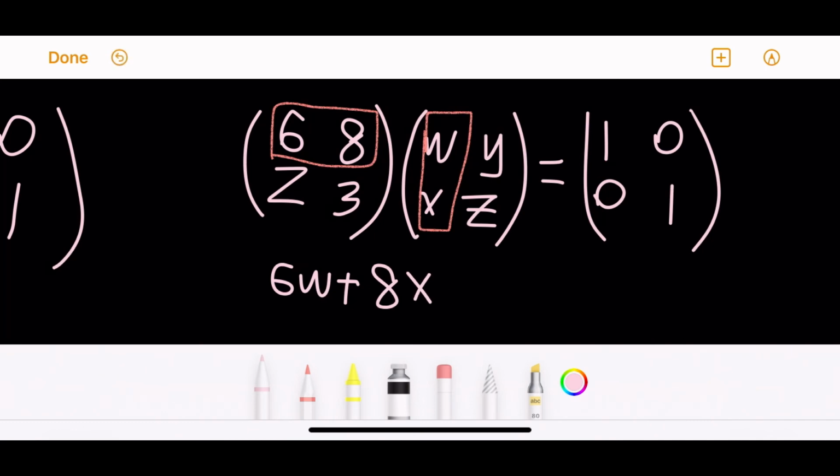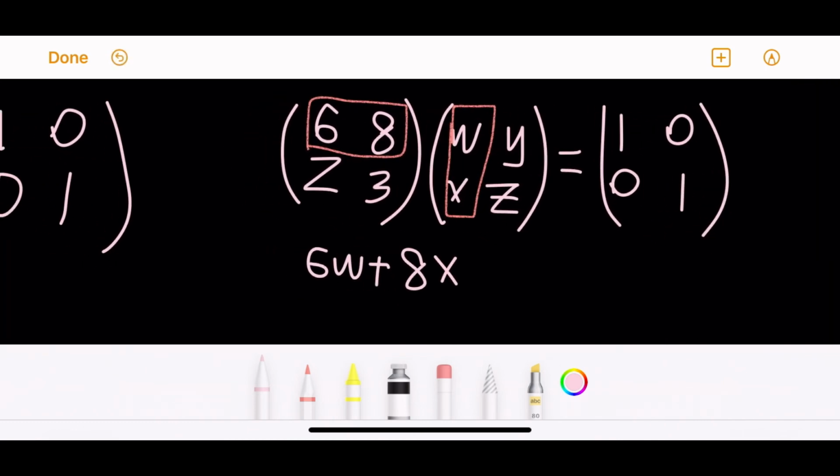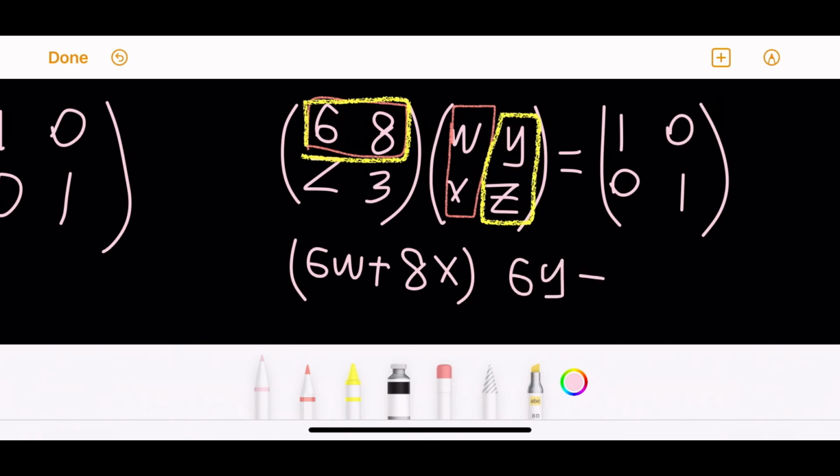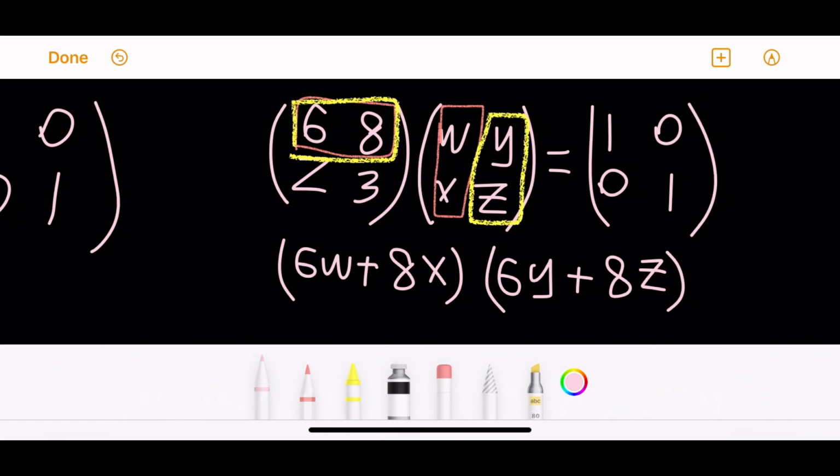That's my first value. Here, I'm going to put it in brackets. For my second value, I will still take the first row, but now with the second column. That will give me 6 multiplied by y, 6y, plus 8 multiplied by z, 8z. And that is my second value.